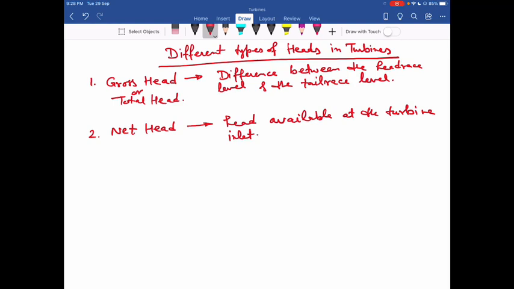Okay, so you can say this is less than that of the gross head by an amount equal to some friction losses in the flow passage, or the height from the tail race to the turbine inlet. So these two parts you have to reduce from the gross head, and the resulting part you have is the net head.